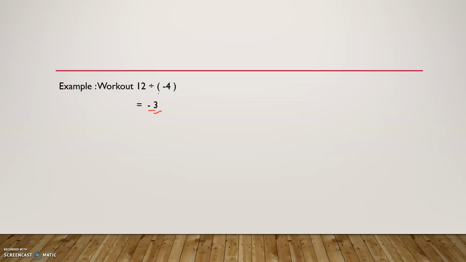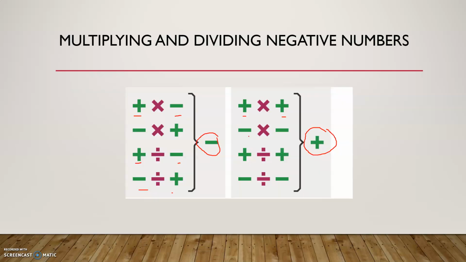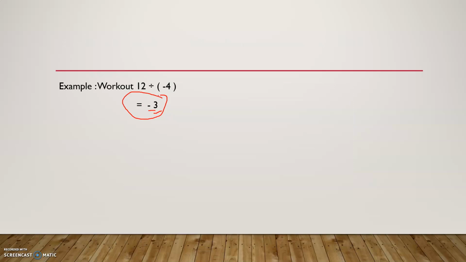So 12 divided by -4 would be -3. This is an important rule to remember. If you remember this one, you can work out anything, either multiplication or division. That shouldn't be a problem.